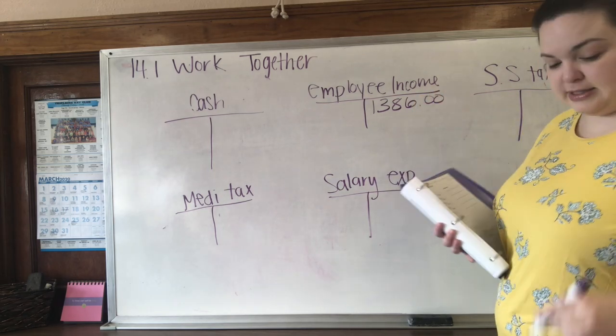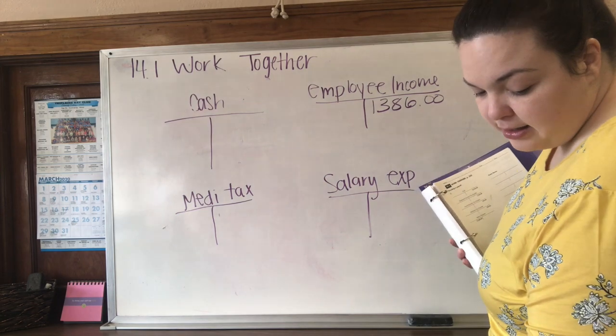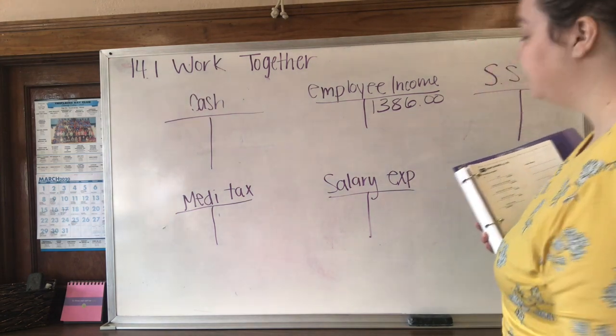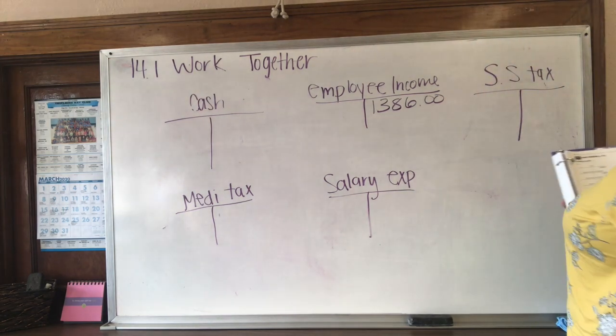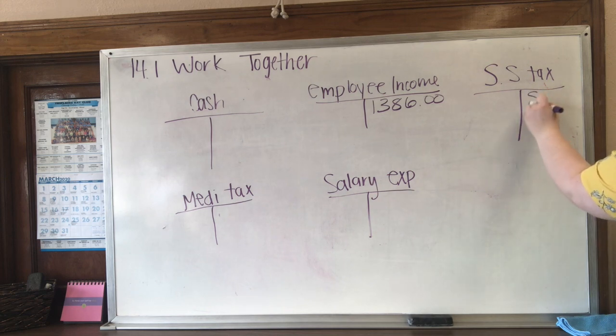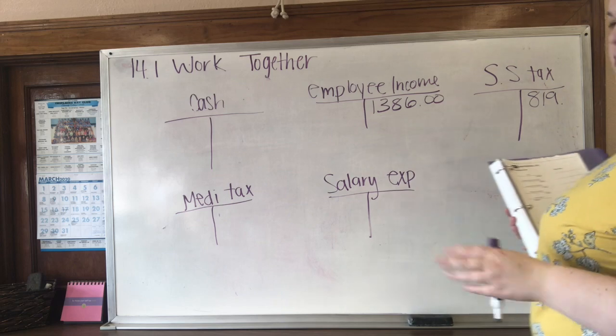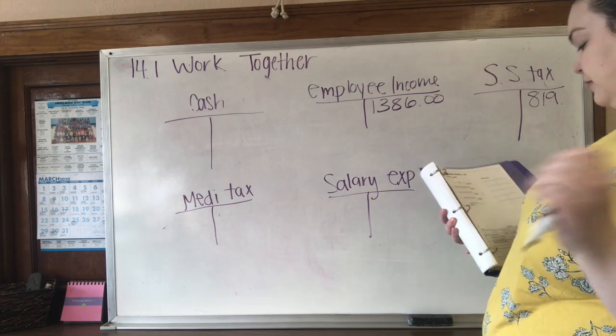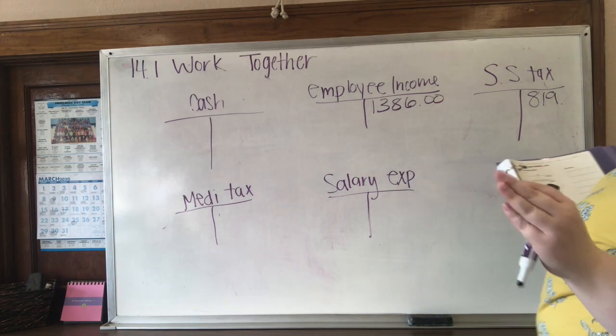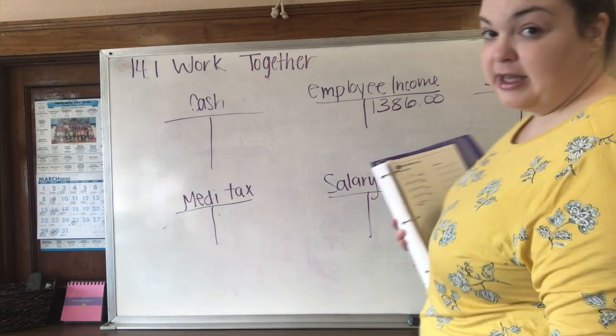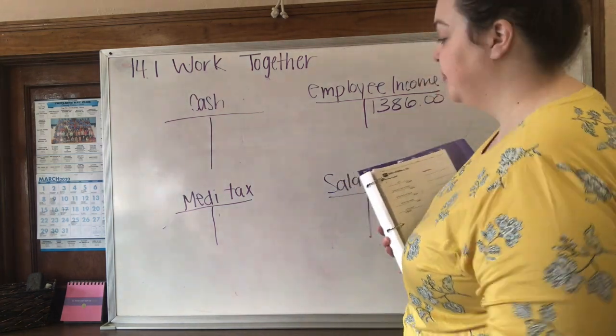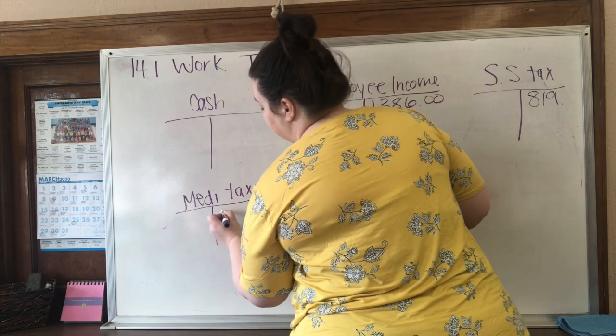Social Security tax payable, they tell you in here it's withheld of $819. So again, $819 on your credit side because it's going to be paid into those accounts. Medicare tax payable is the Medicare tax withheld in the book. So you're going to credit $189.